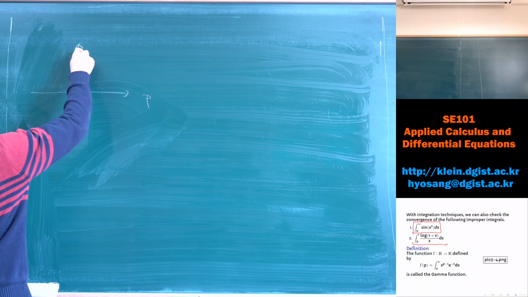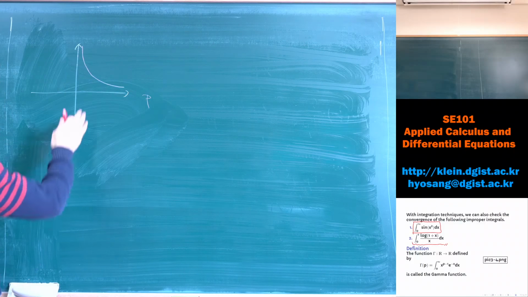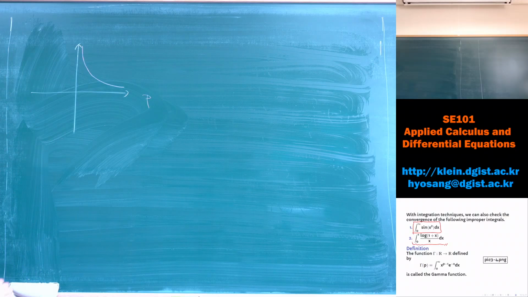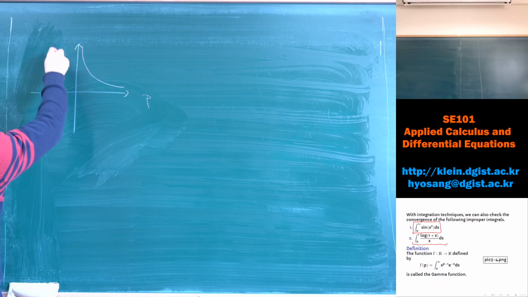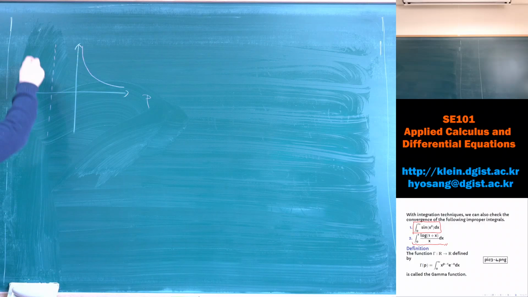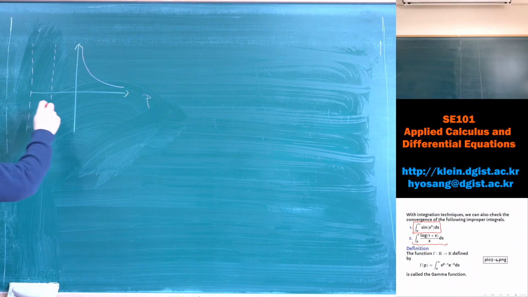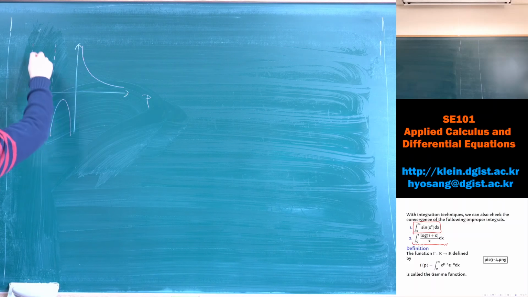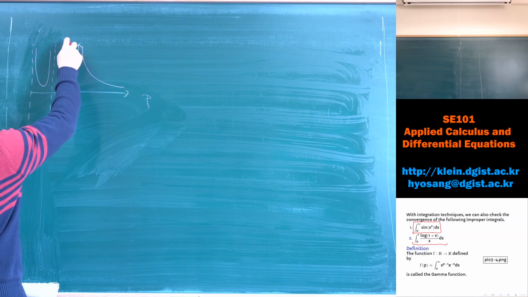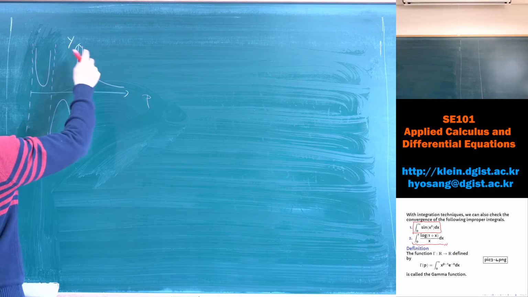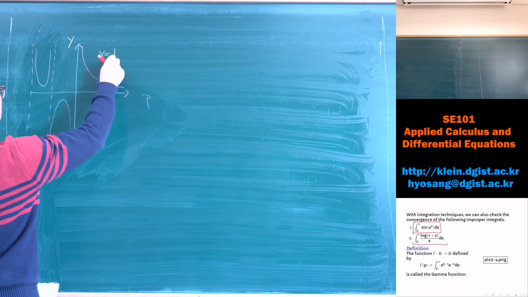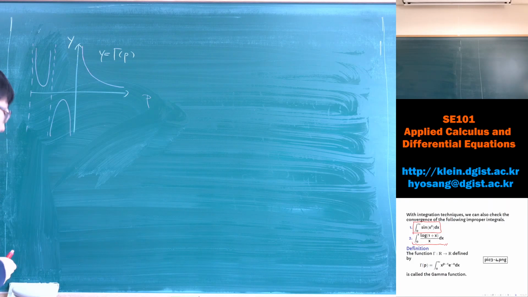When p goes to 0, it diverges, and when p goes to infinity, it goes to 0. And there's an asymptotic line at the negative integers. Let's say this is y, and this is the graph of y equals gamma p.